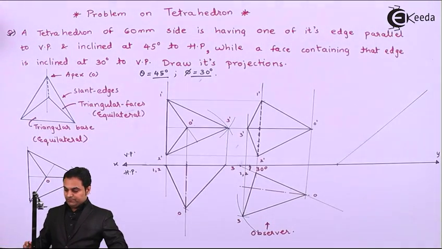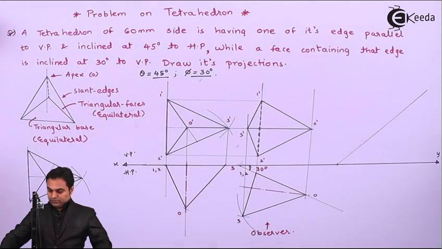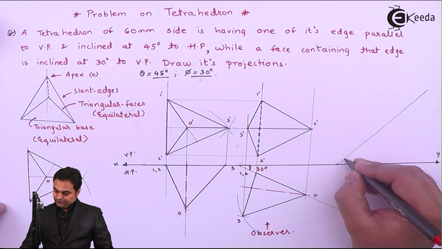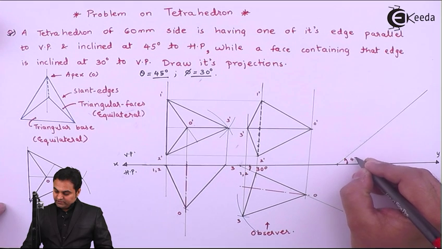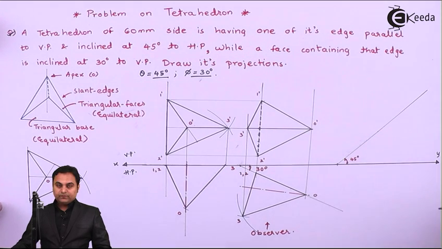Drawing a light line through it. Then here the angle is 45 degree with HP seen in VP.